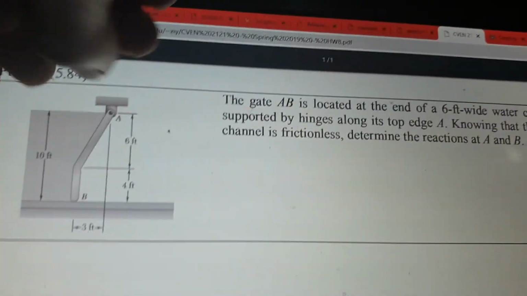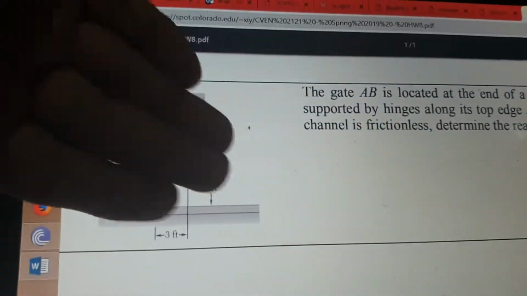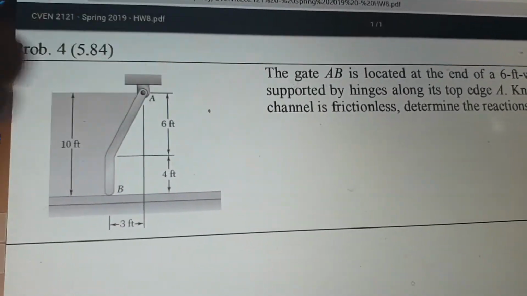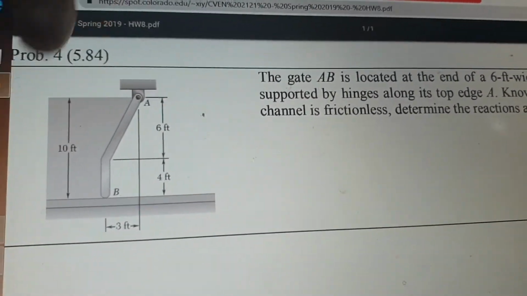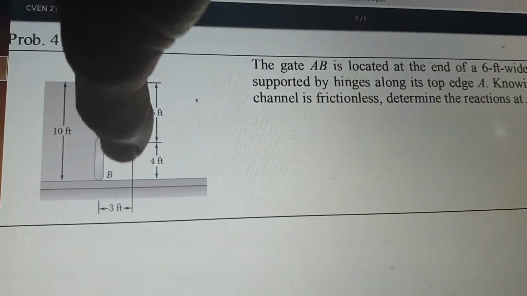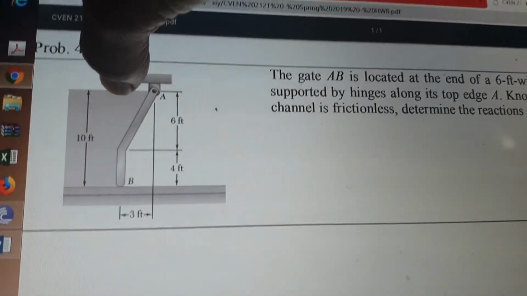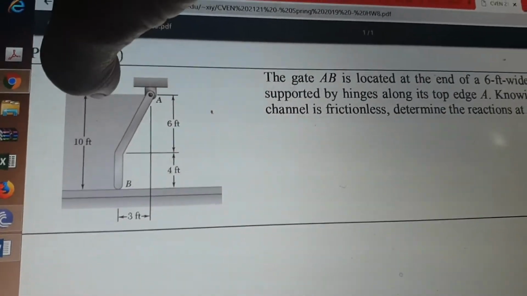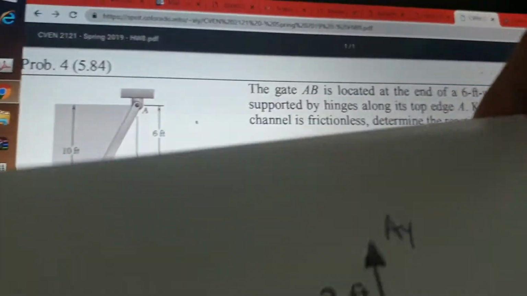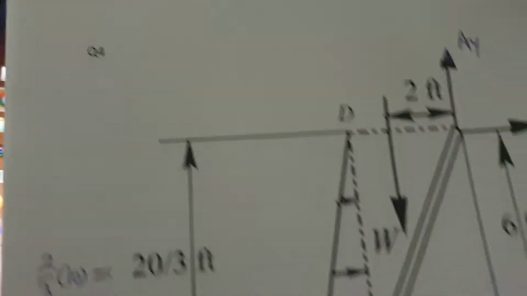Now, the water will have a force on this gate. The way we do this is by going from zero pressure, or zero force, pressure force. We do it like this.